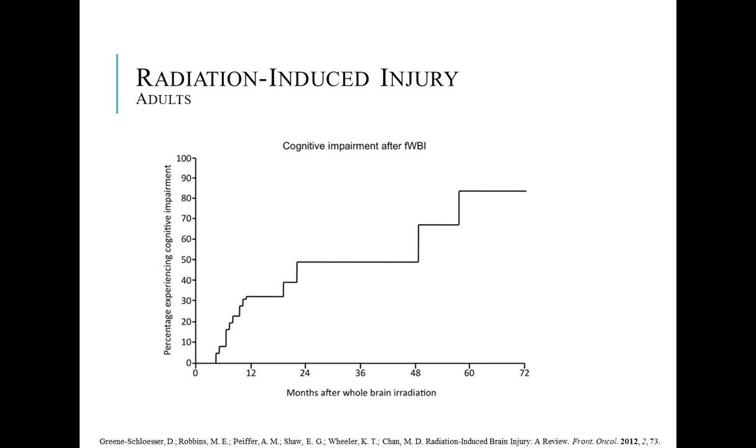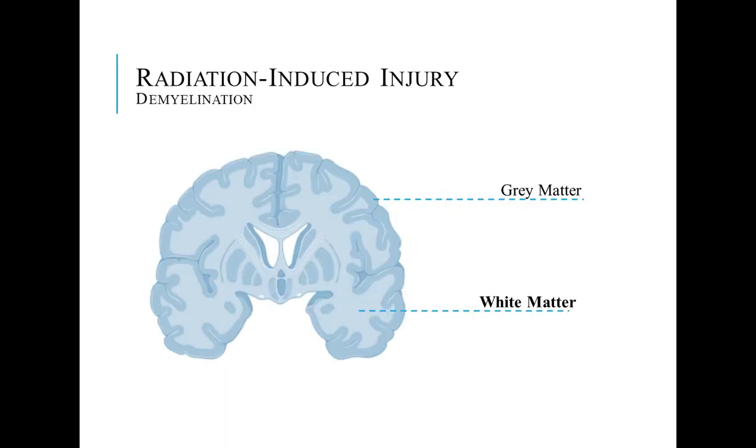One of the markers of this cognitive impairment that was previously mentioned, and is tied to the memory problems, has to do with demyelination, or loss of white matter. White matter is just a type of matter within the brain. You have gray matter regions and white matter regions.